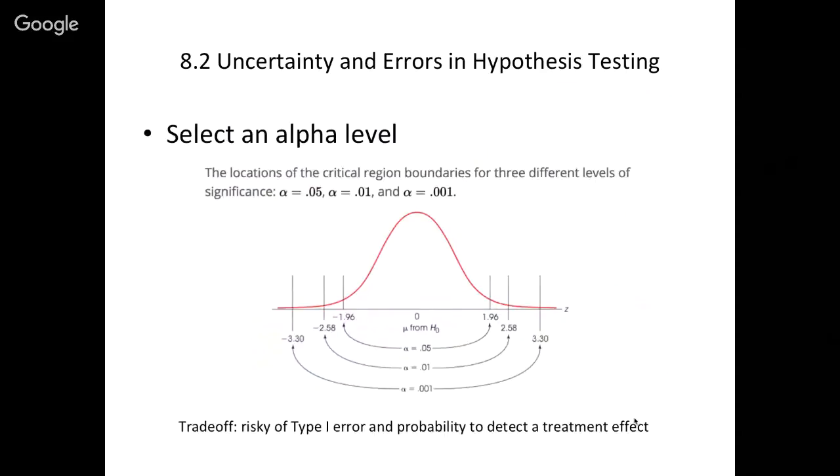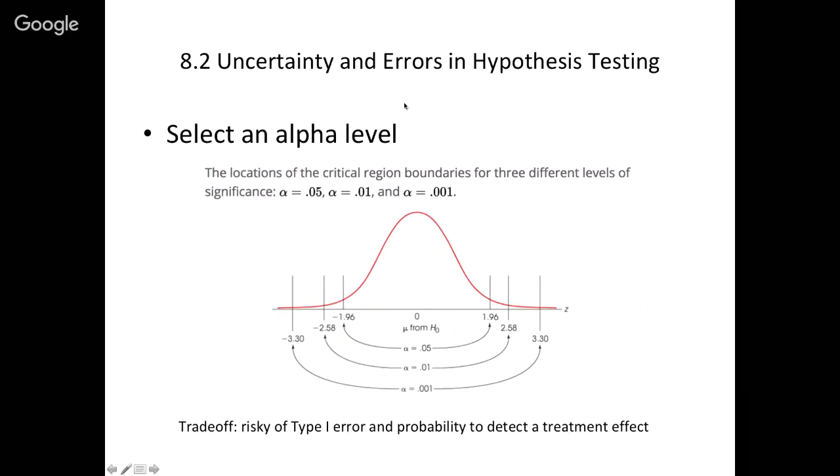Okay, so the probability of type 1 and type 2 error is related to the alpha level. The probability of type 1 error is determined by the alpha level, so it's directly related, and the type 2 error is indirectly related to alpha level, which is complicated.